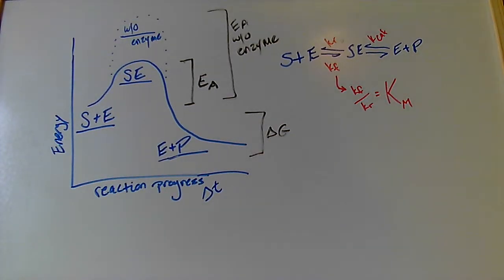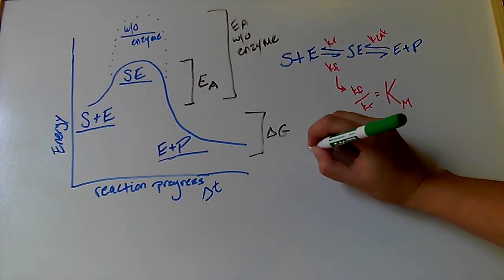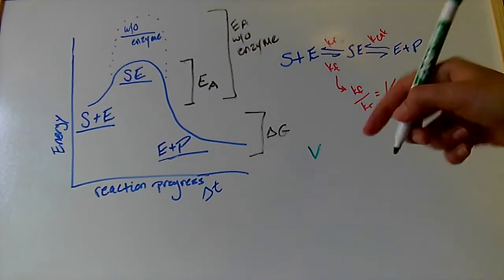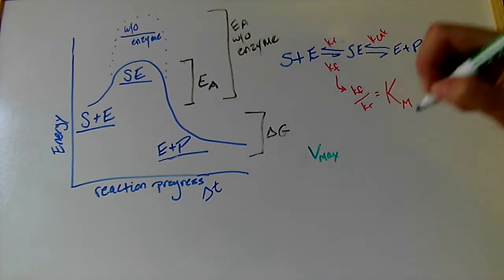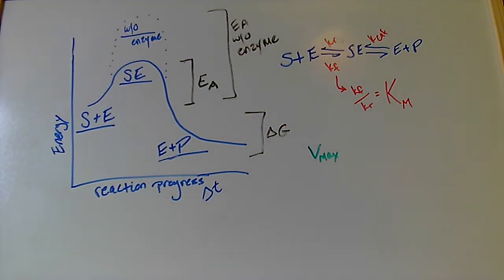Okay. The reason I'm bringing this up is because if you go through a number of derivations that I'm not going to do because they're really boring and you don't need to know them, you can basically say that velocity, the speed of the reaction, we say Vmax in kinetics because what you're interested in, in biochemistry, is the maximal rate of any given reaction.